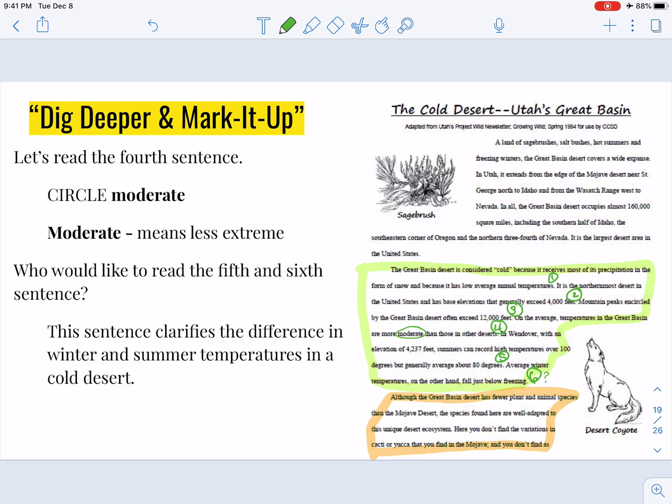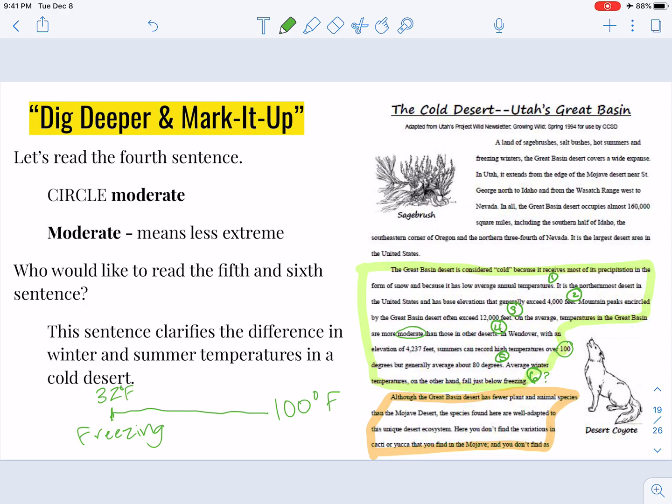What does that mean then about the range of the Great Basin? If I can go all the way up to 100 degrees Fahrenheit, that's pretty high. But if I can go all the way down to freezing, how cold is it when we freeze something? Now, if I remember right, freezing is 32 degrees Fahrenheit.